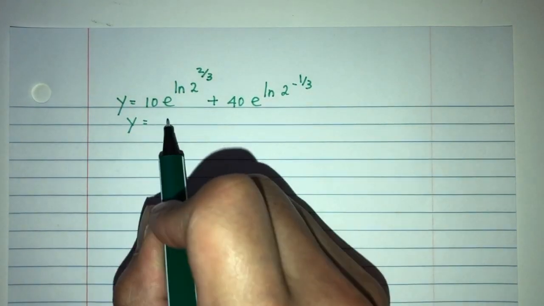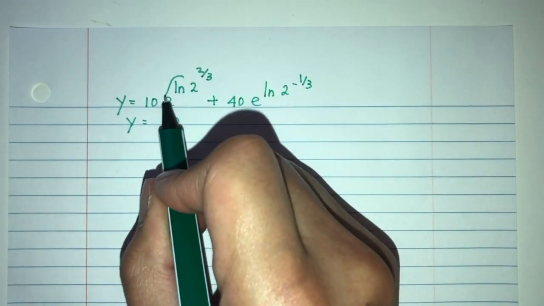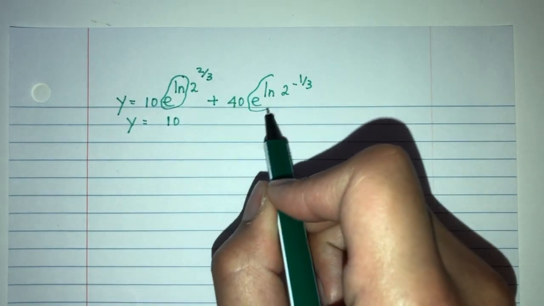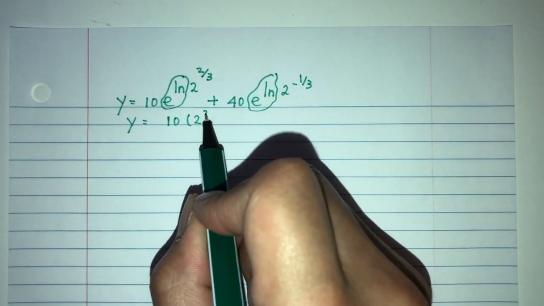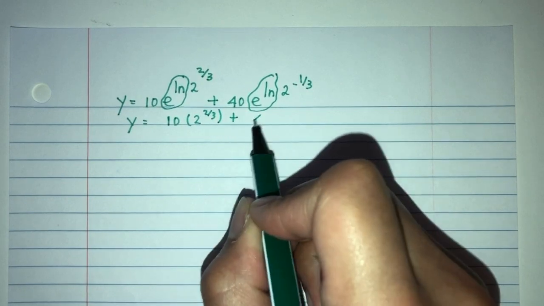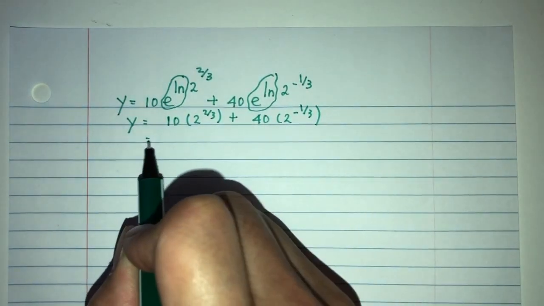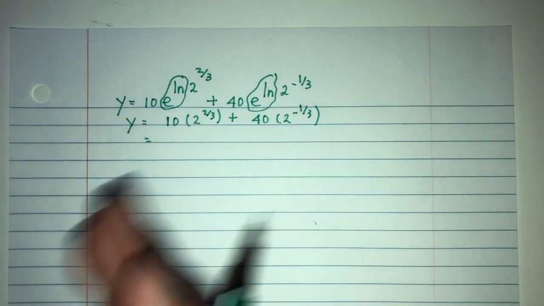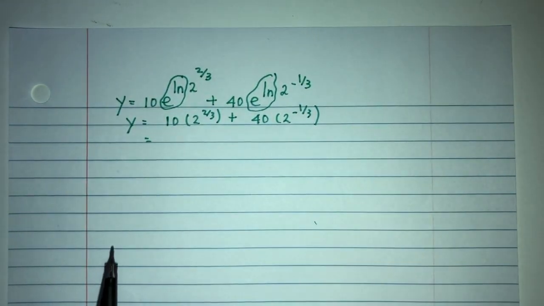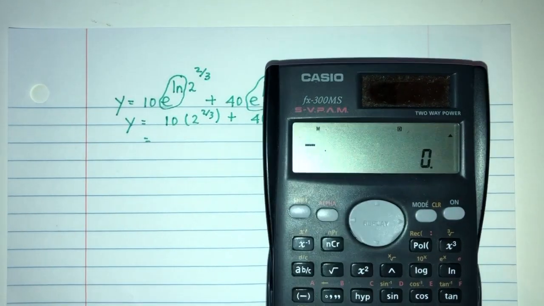This will cancel out, and this will cancel out. So you'll have 10 times 2 to the power 2 over 3 plus 40 times 2 to the power minus 1 over 3. Now, you can, of course, provide the exact value, just like that, or you can simplify some more if you want to. But I like to just find the decimal.